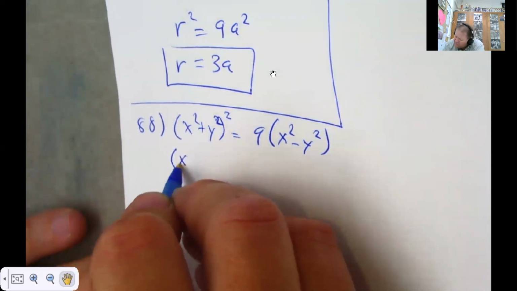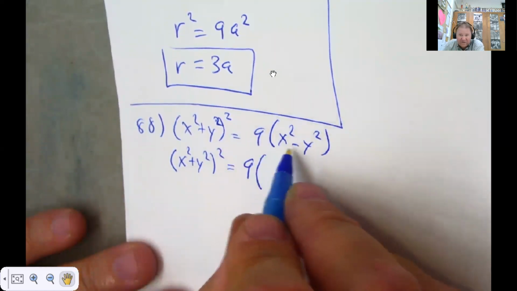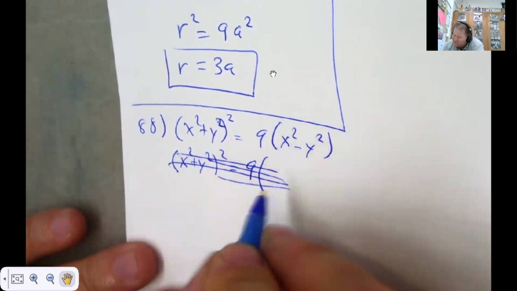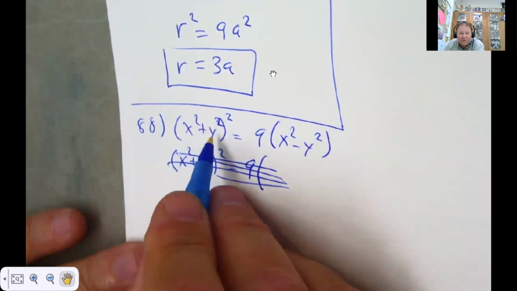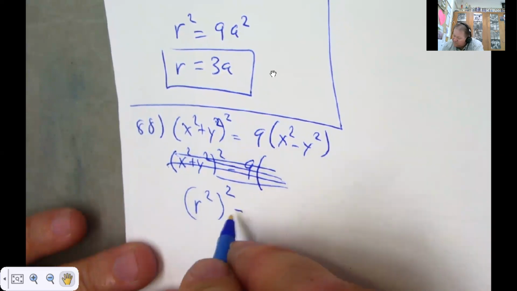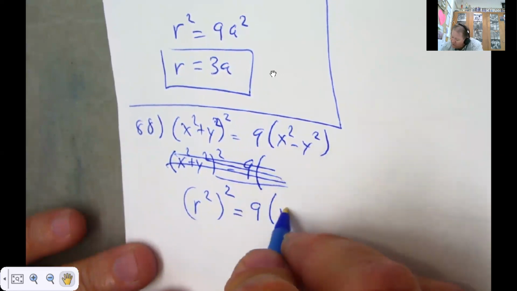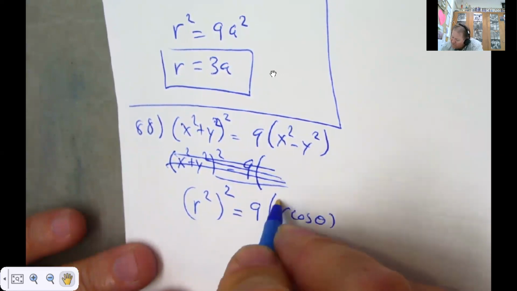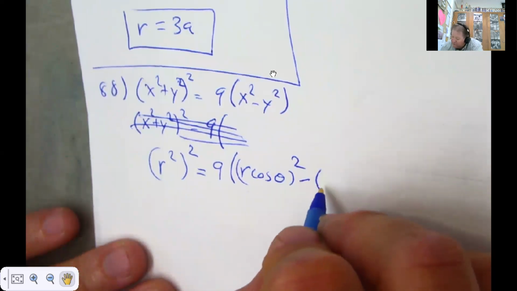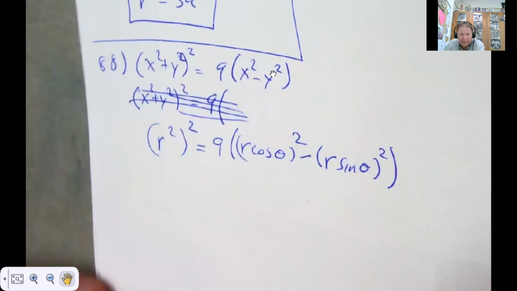I'm going to convert everything right now. So x squared plus y squared is r squared. It's going to be r squared squared is equal to 9 times. And what is x? It's r cosine theta, and that's being squared. It's kind of a rough one. And r sine of theta squared, like this.